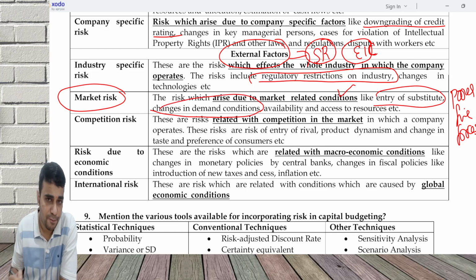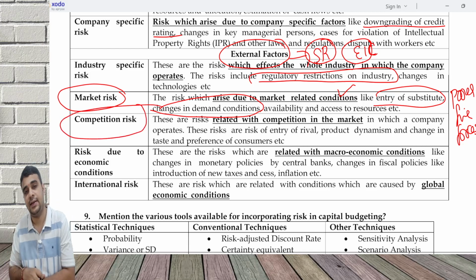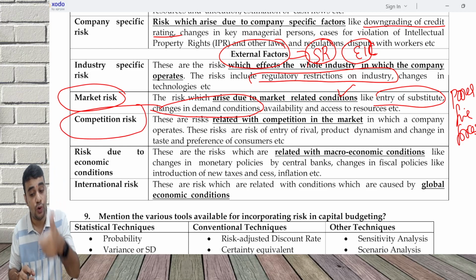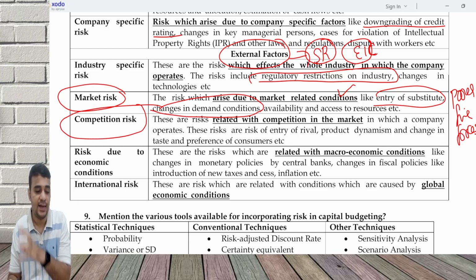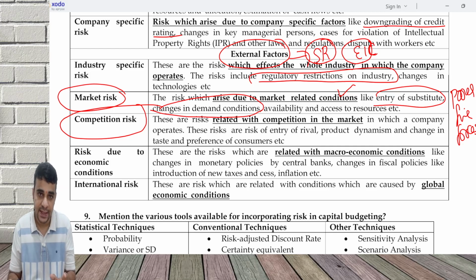An extension of Porter's five forces model is competition risk. Example, again I take the telecom industry, where the moment Reliance Jio came into the industry, it had a significant impact on the entire industry.